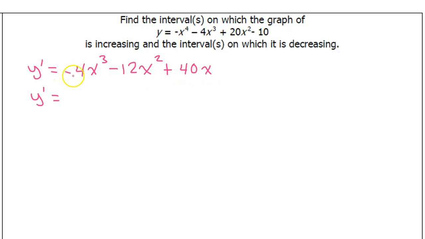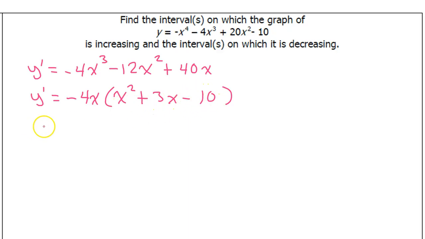I always like to bring out the negative whenever there is a negative leading coefficient, so let's factor out a GCF of -4x. On the inside of the parentheses, dividing each term by -4x, we're going to get a positive x squared, a positive 3x, and a -10.